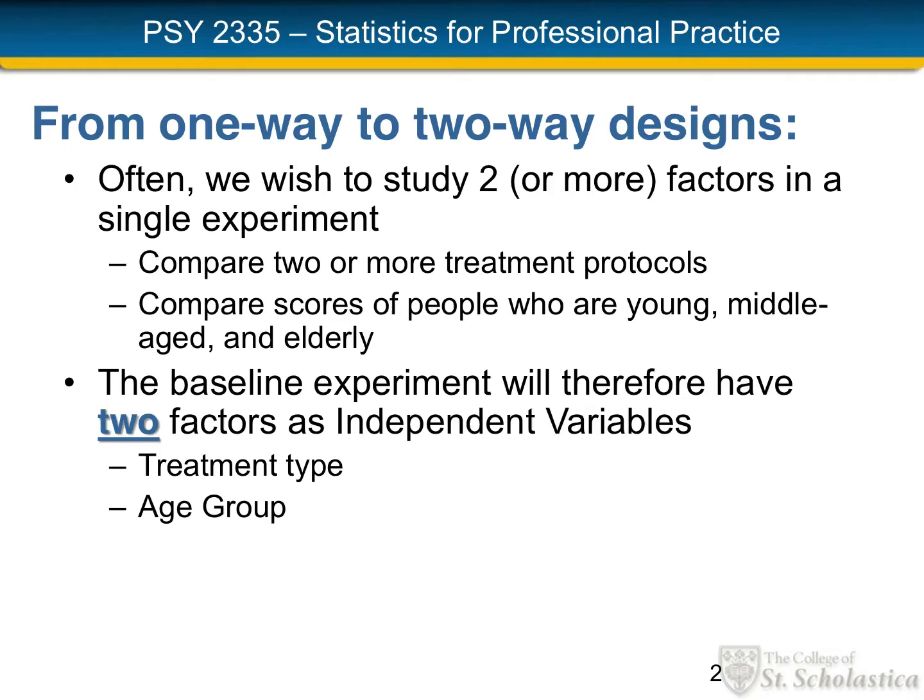Our factorial ANOVA allows us to look at two or more factors as independent variables in a single experiment with one dependent variable.